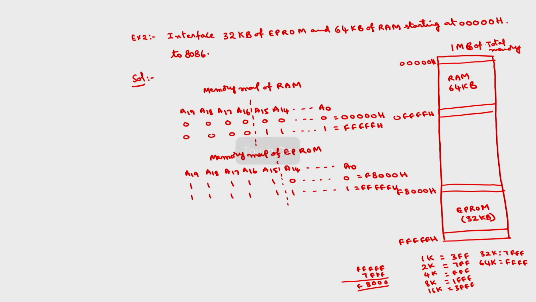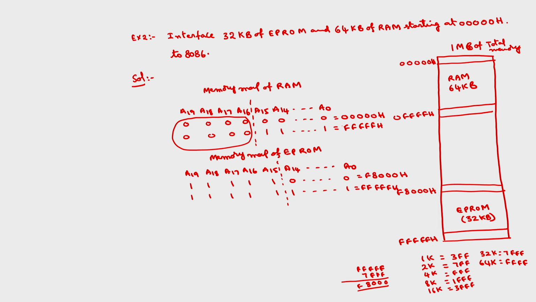Here you can use the decoder, or I will use the other concept directly by using the gates. Because here RAM and ROM have different memory sizes. RAM size is 64 kilobytes, EPROM size is 32 kilobytes. So you can observe that in case of random access memory, A16 to A19 will always be zeros.